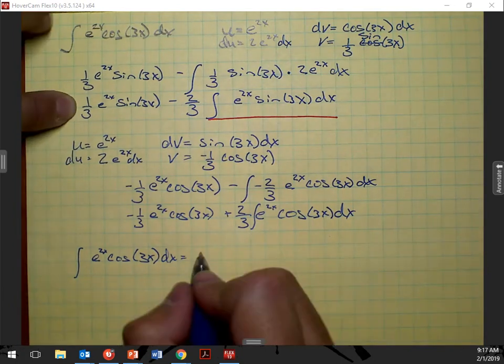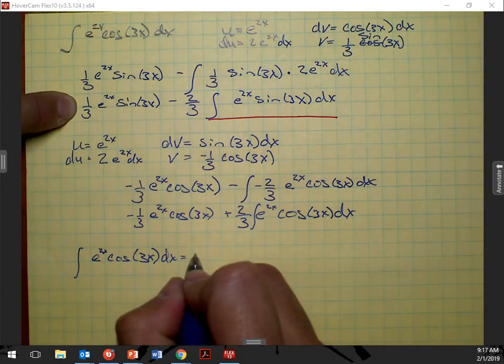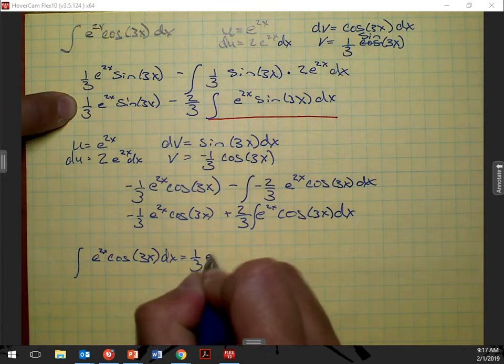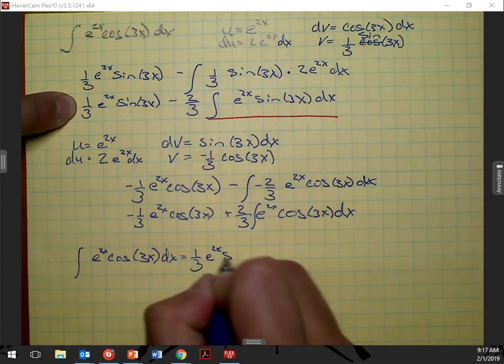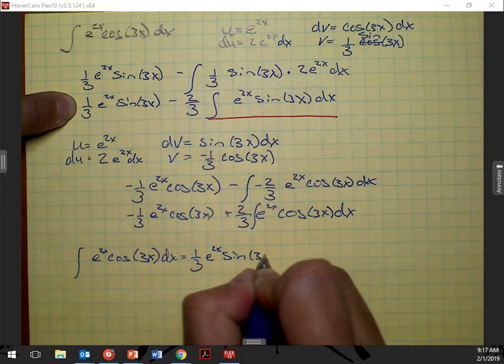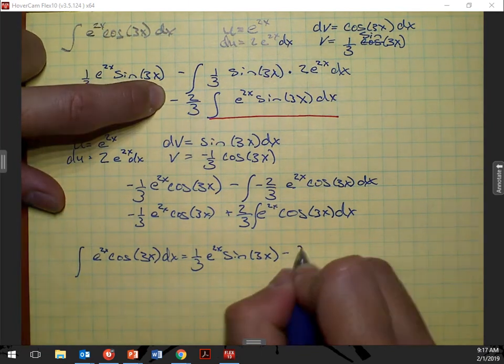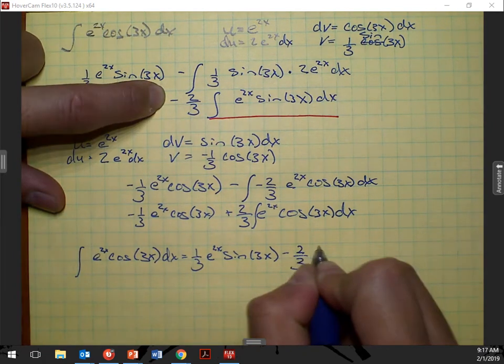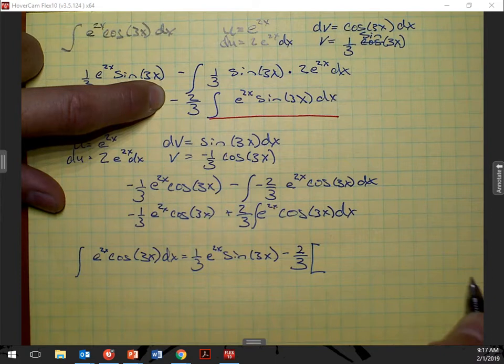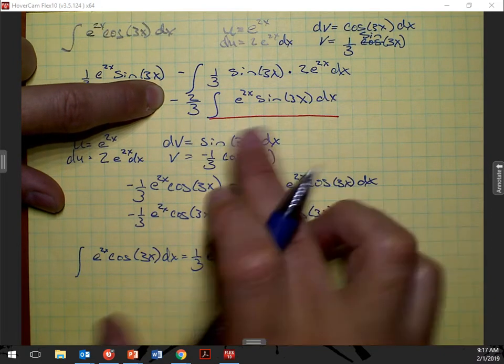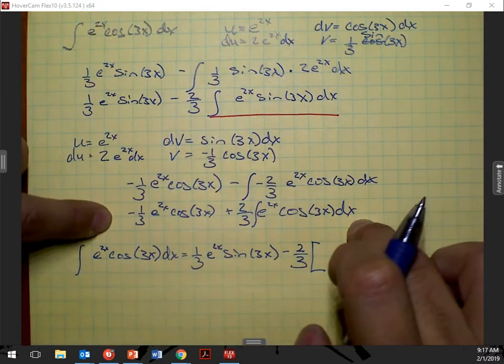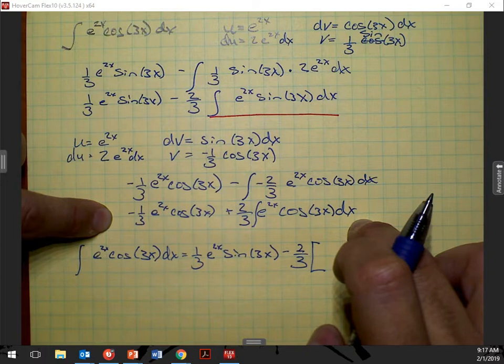so remember we started right here, so it's 1/3 e to the 2x sine of 3x, right, minus 2/3, okay, I'm going to bracket that, and now all of this right here in red is all this, yes? Yep.